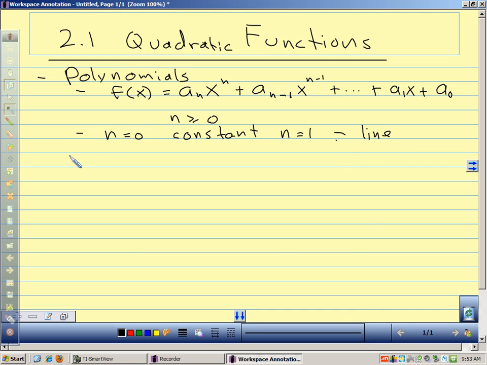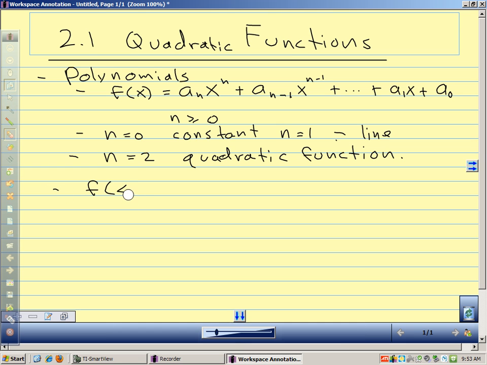So today we're interested in when n equals 2, which gives us a quadratic function. So that's what we're interested in today, quadratic functions. A quadratic function is going to look like, and we're doing a little bit of a review right now, f of x equals ax squared plus bx plus c.